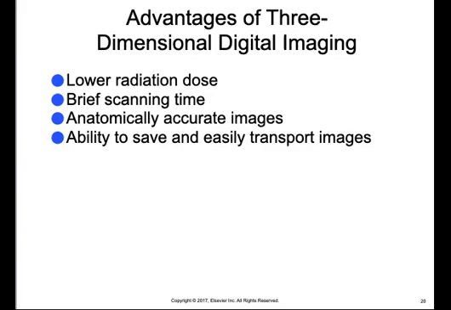With CBCT you don't get any of that superimposition, and you can see exactly where certain structures are. Also, you have the ability to save and easily transport images with the CBCT.